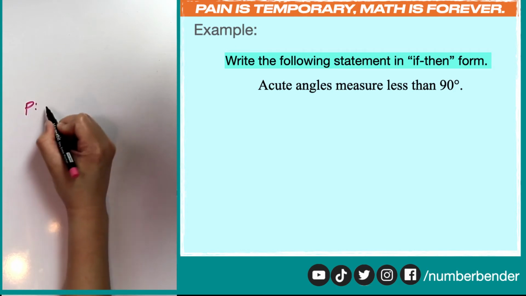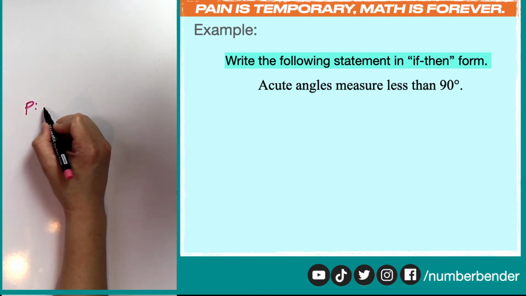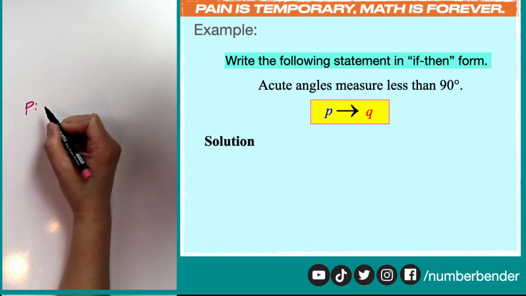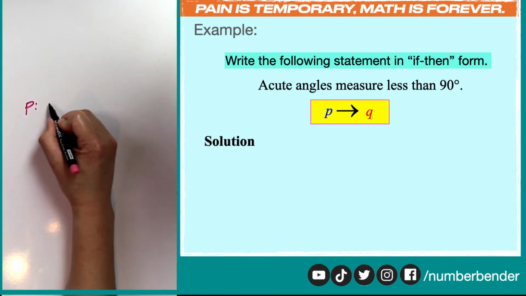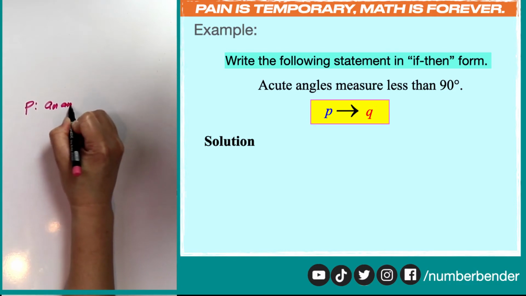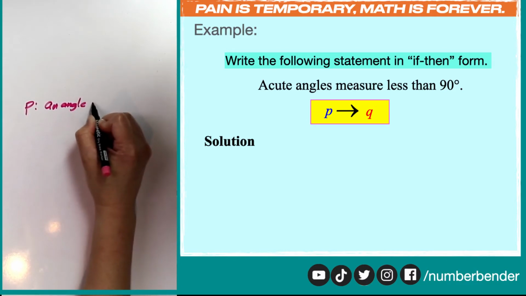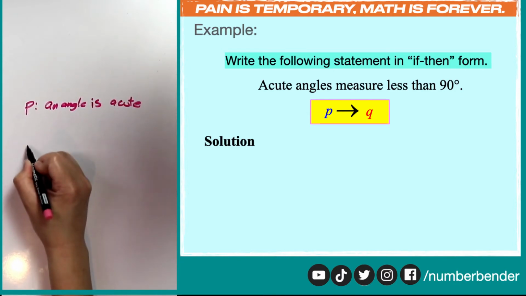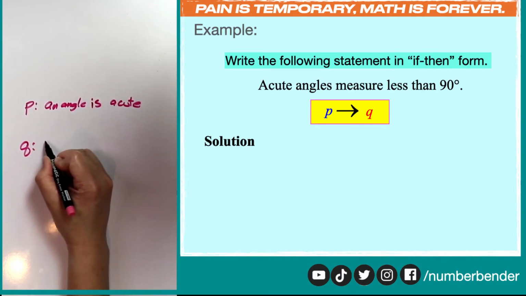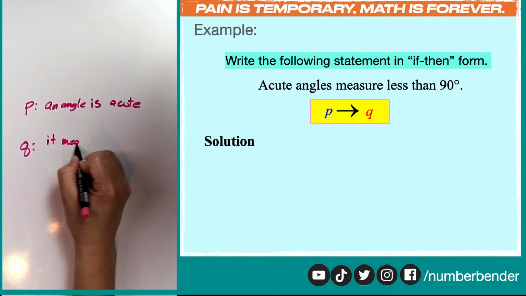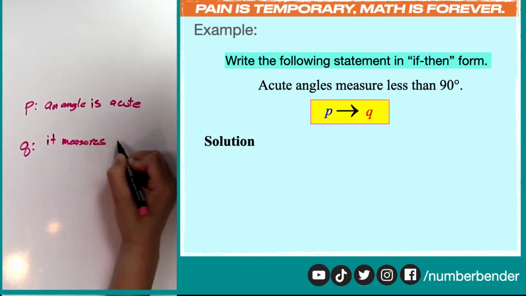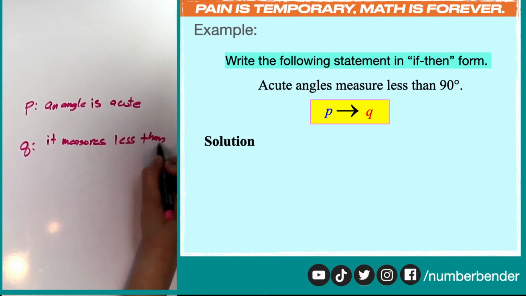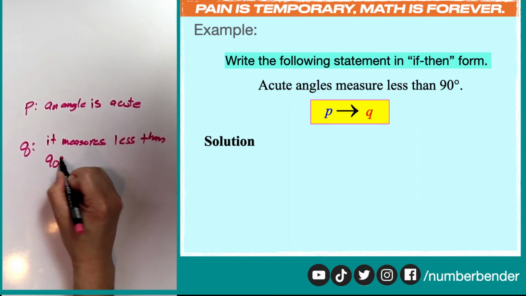So our P in this solution, P then Q, can be "an angle is acute." And our conclusion, "it measures less than 90 degrees."